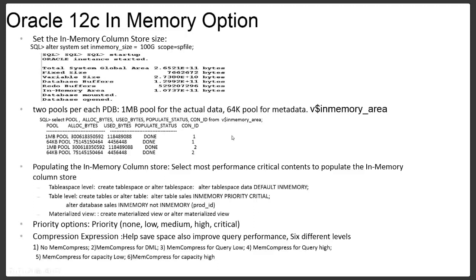Let's change to another topic: the 12cR2 new features. This slide shows a summary of all the new features introduced in 12cR2 for Database In-Memory. The first one is dynamic sizing. It can dynamically resize your in-memory column store.